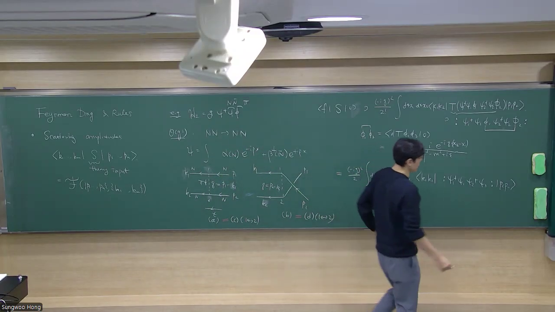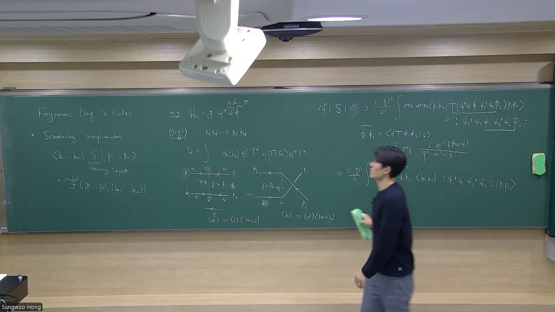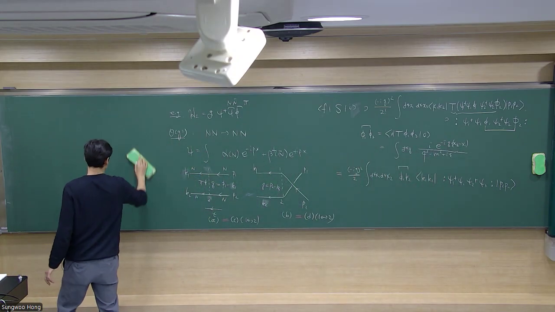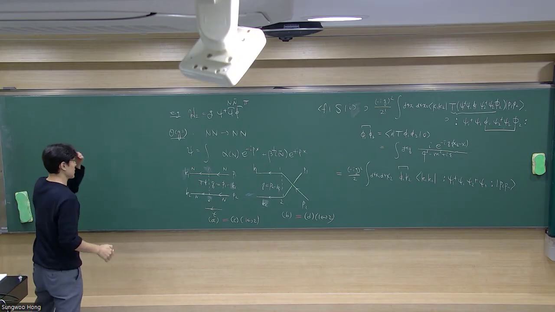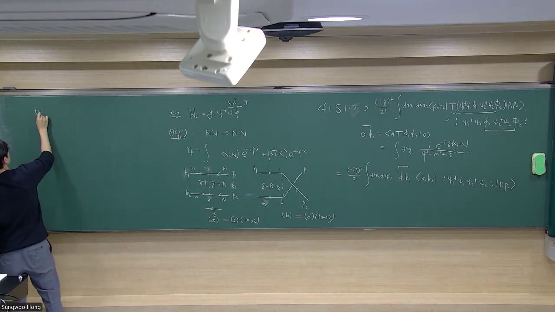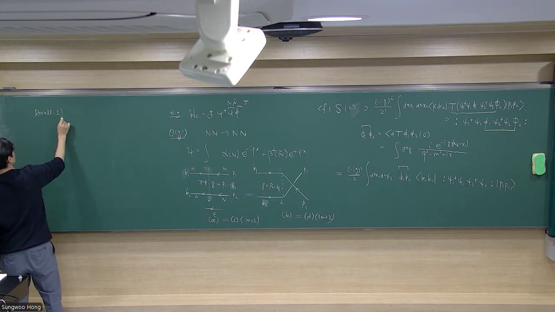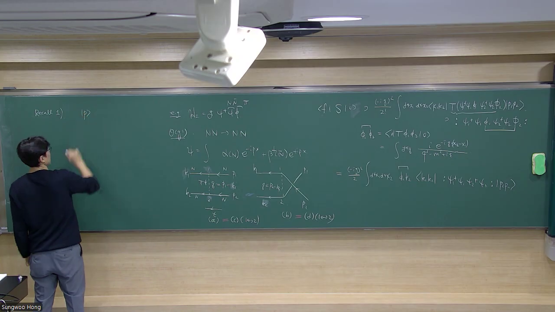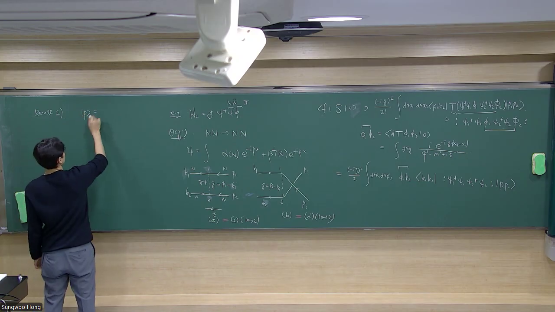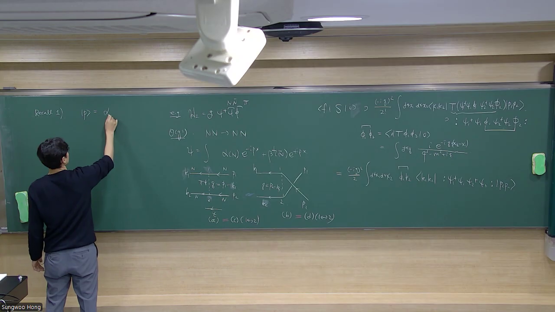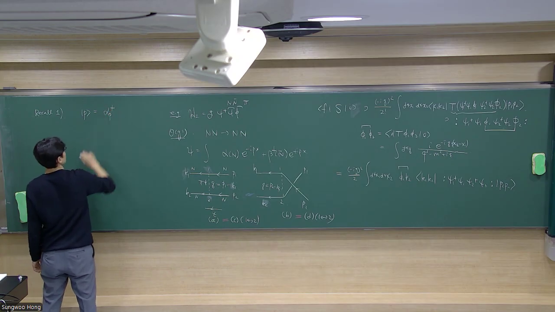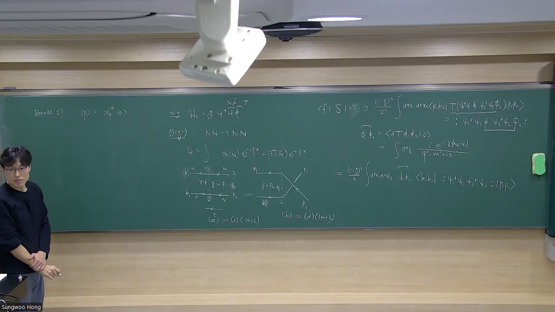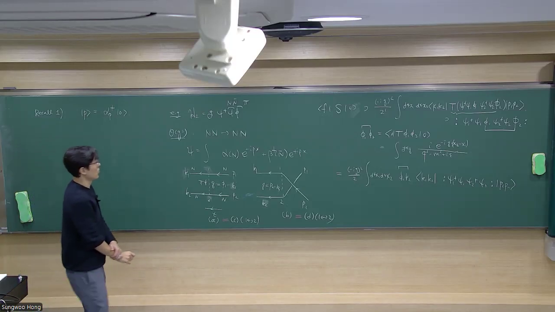So I'm about to write down the next line, but let me just remind you of the following fact. That fact is recall number 1. When we have a one particle state P, our definition, according to our normalization, is that we act alpha P dagger on the vacuum.